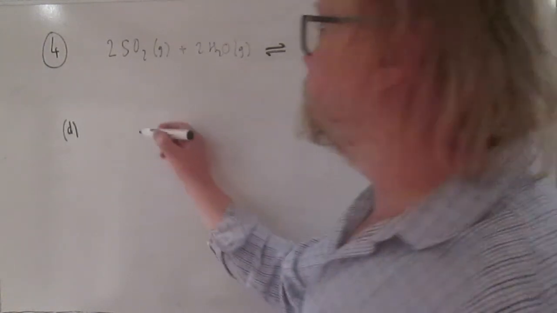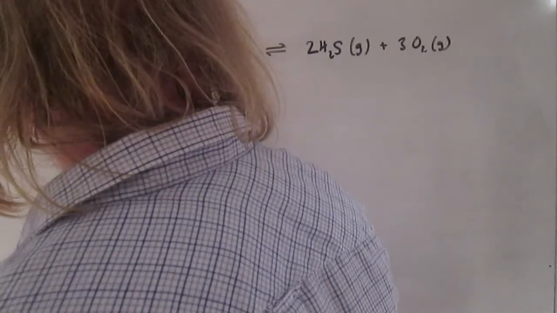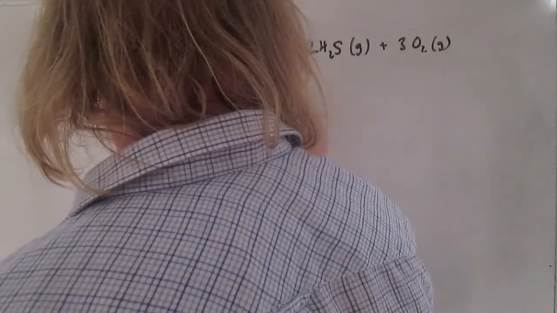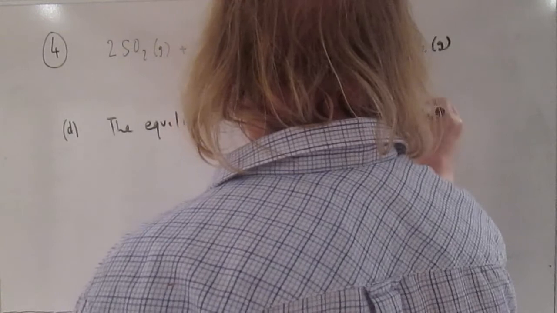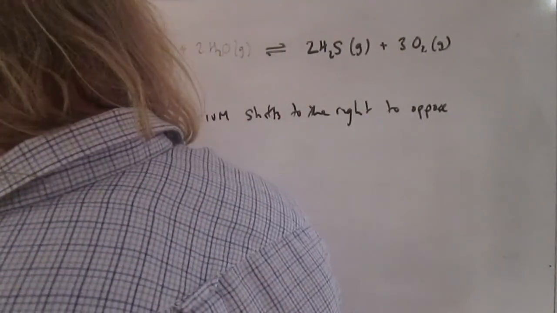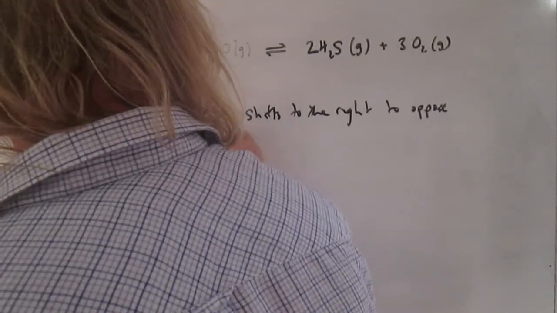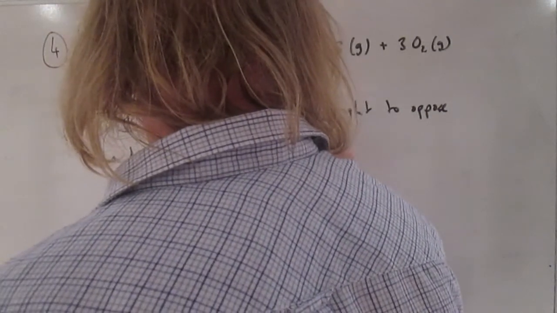So the answer is that the equilibrium shifts to the right to oppose a decrease in pressure, because there are more moles of gas on the right.